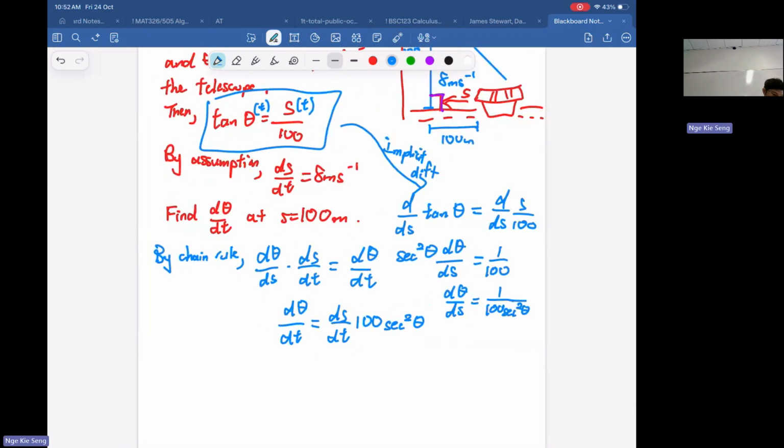So you need to evaluate this at s equals 100 meters. You need to evaluate everything at 100. Does it make sense or not?